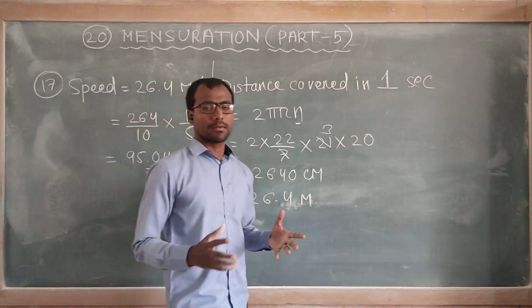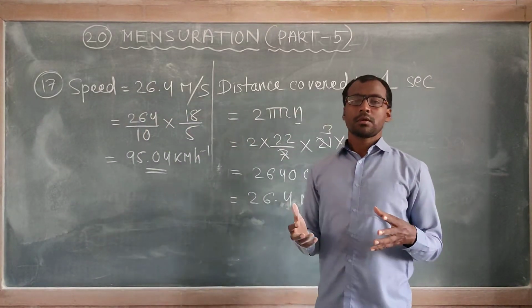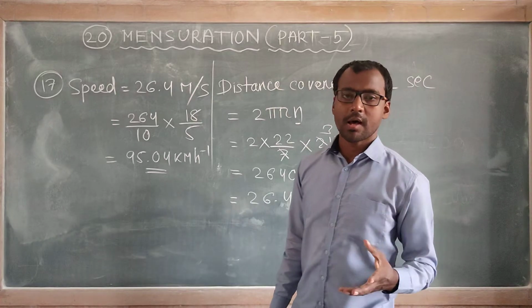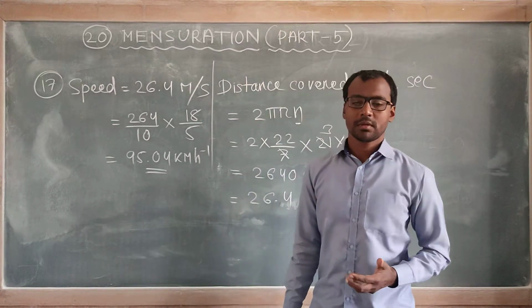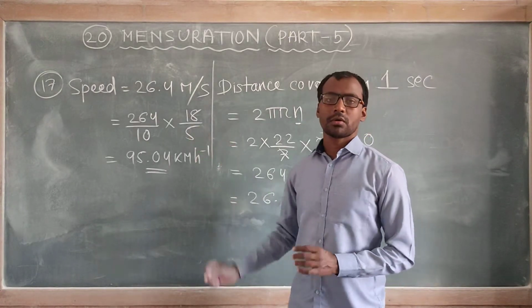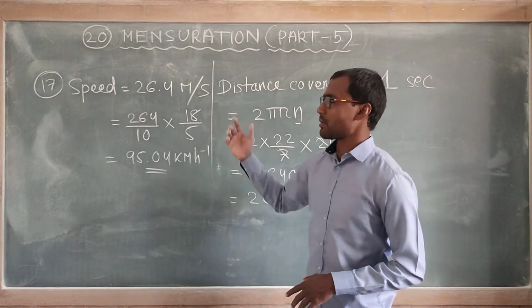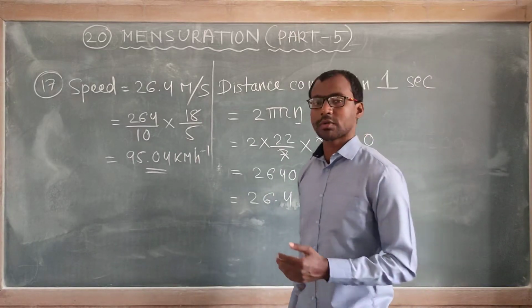So if the number of revolutions of each wheel of a train, car or truck is given and the diameter or radius of the wheel is given, then you can easily find the speed of the object, either in meter per second or in kilometer per hour, whichever is asked in the question.